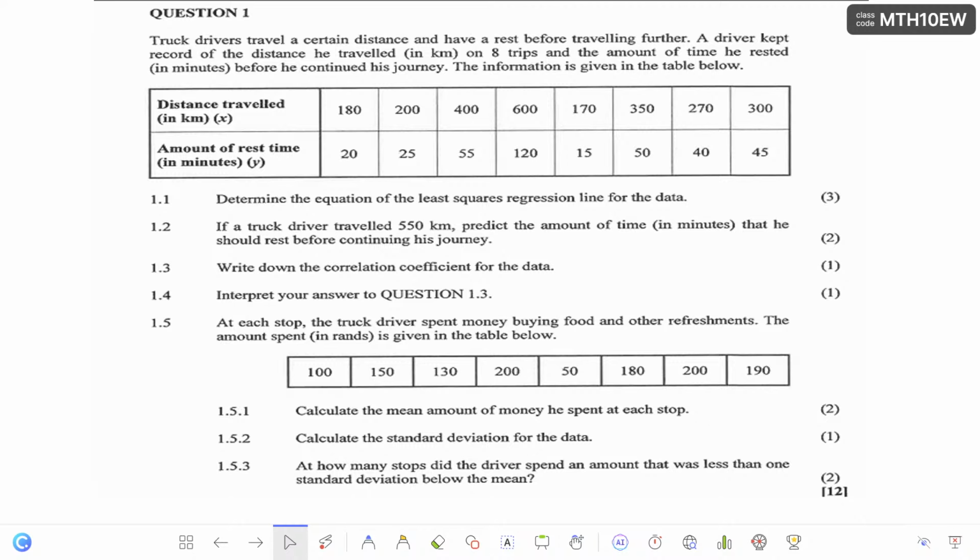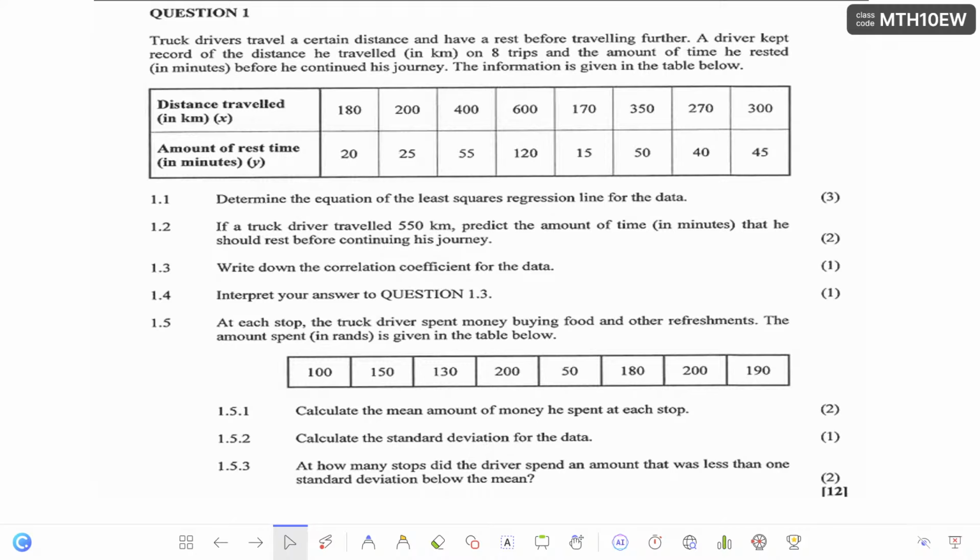Now let's punch in our y values: 20, 25, 55, 120, 15, 50, 40, 45.